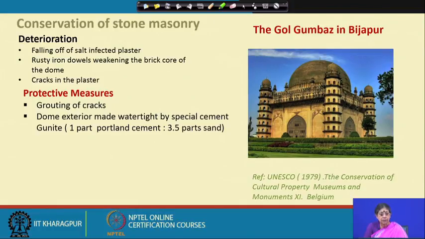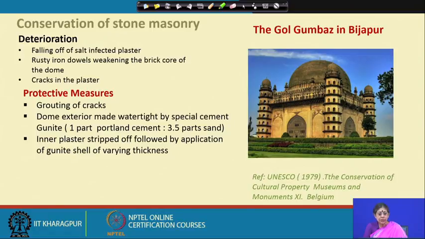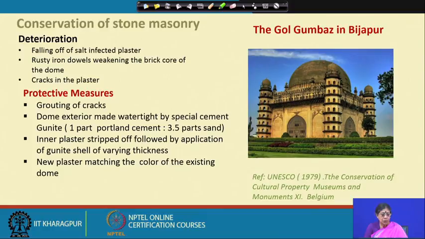That composition is important, and again only experts experienced in such restoration and maintenance measures can say what is required. The inner plaster was stripped off, followed by application of the granite shell of varying thickness, because it is a huge dome. How the plaster would be relaid was also very important to understand, and the new plaster matched the color of the existing dome.